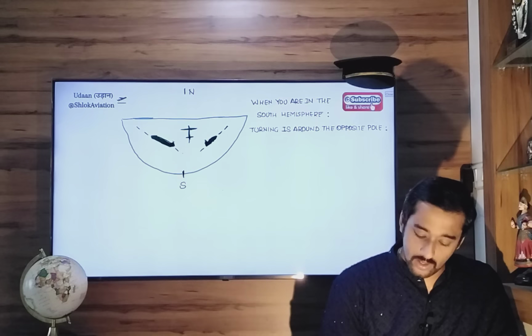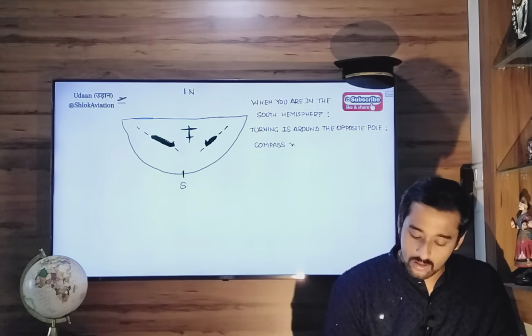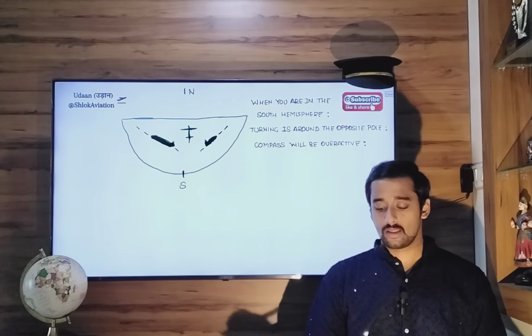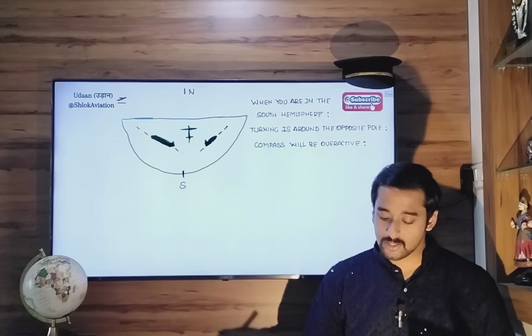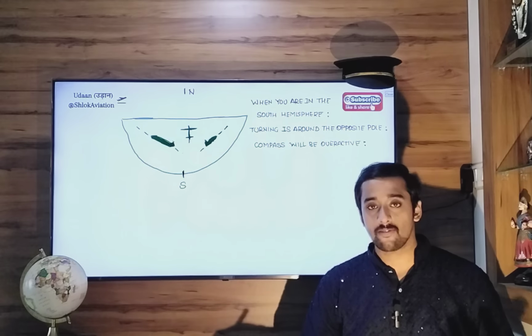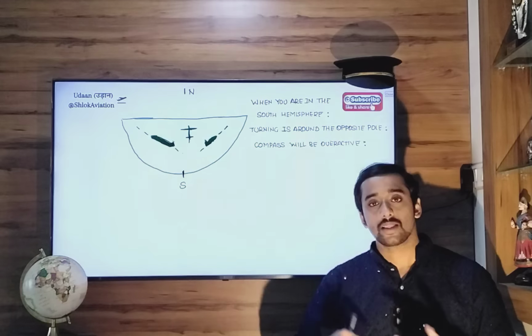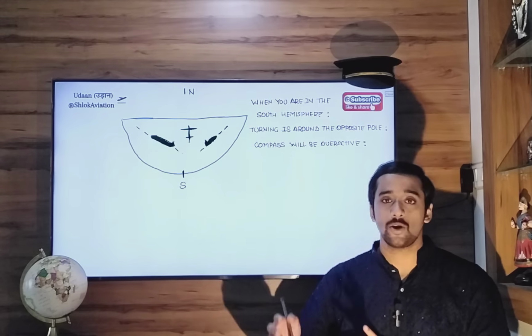So the consequence will be the magnetic compass will be overactive. So whenever you turn around the opposite pole, the compass becomes overactive. Even if you're turning at a moderate rate, the magnetic compass will be running ahead of you.